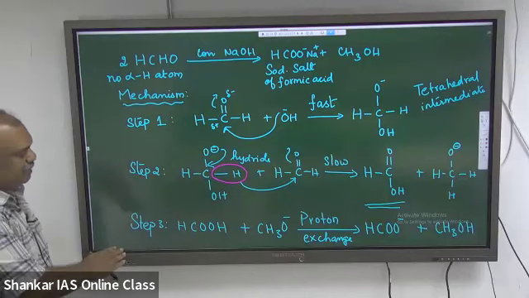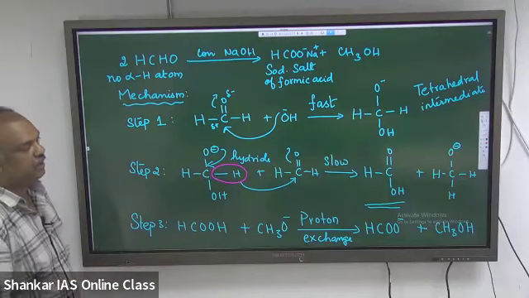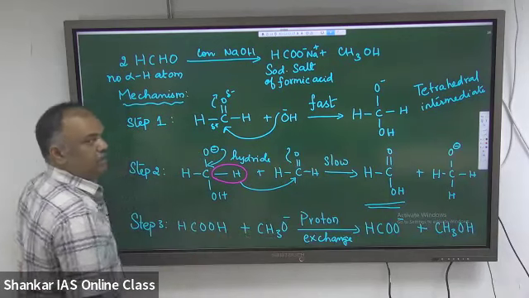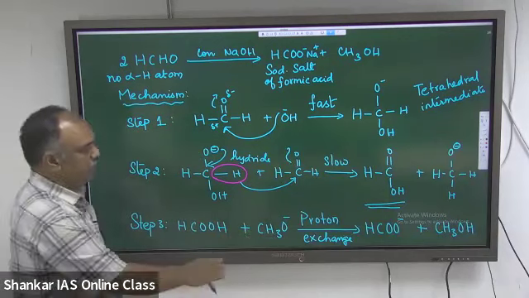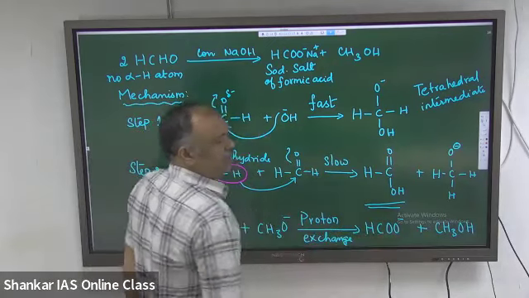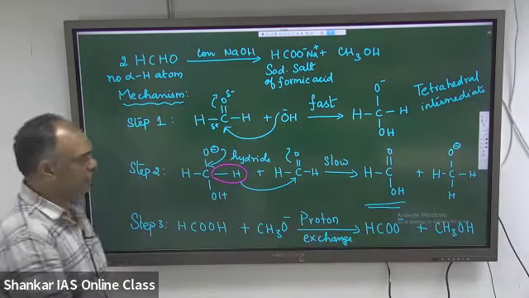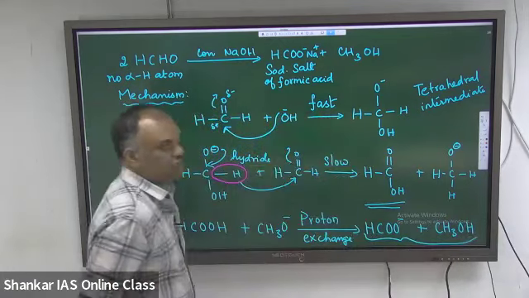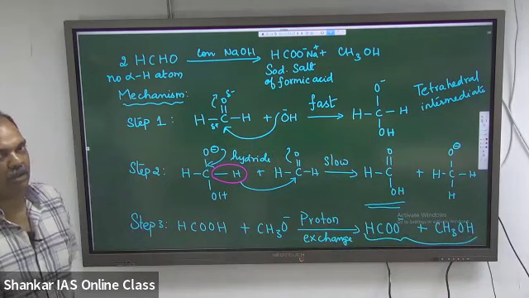And the final step is a proton exchange between the formic acid and the methoxide, leading to the formation of formate and methanol. These are the reaction products, the Cannizzaro products: sodium formate and methanol.